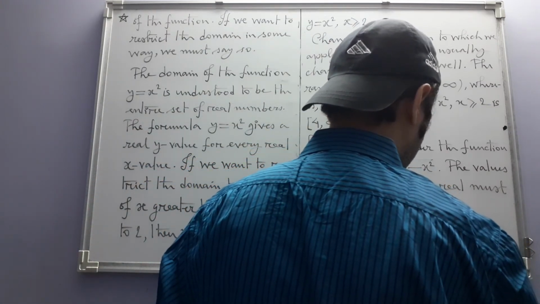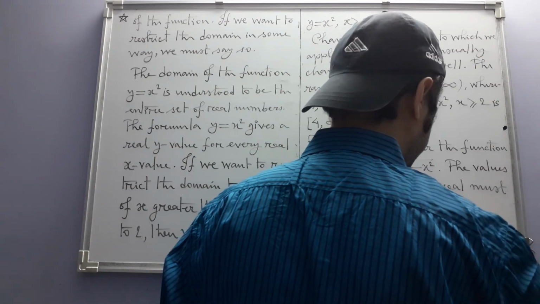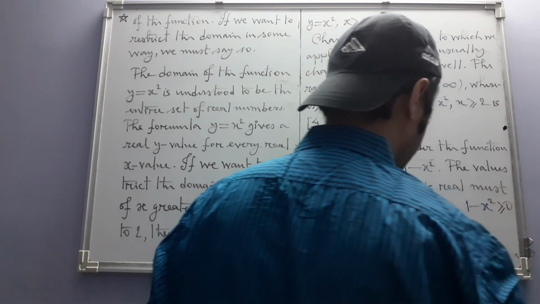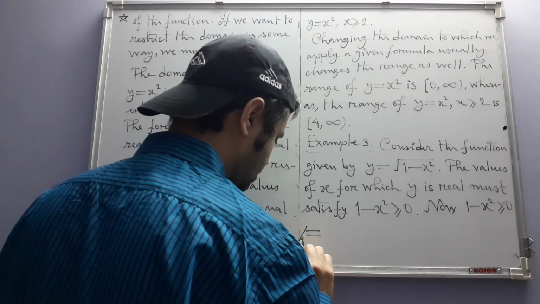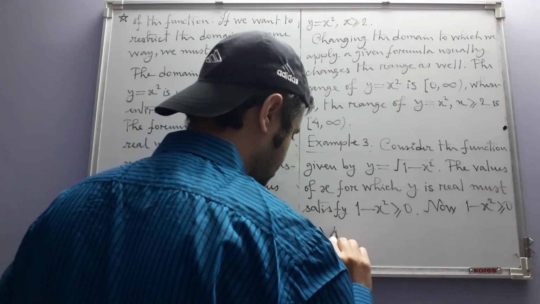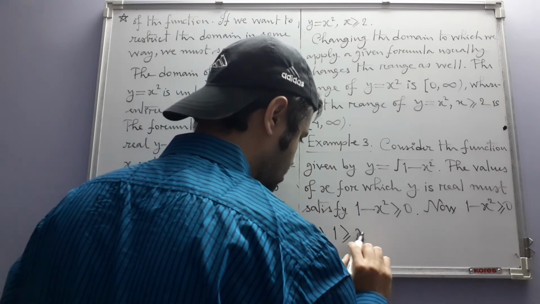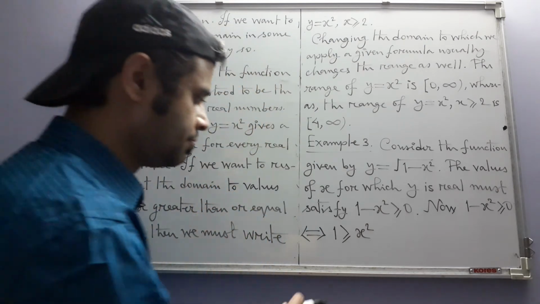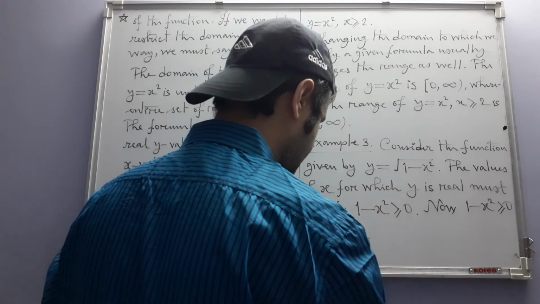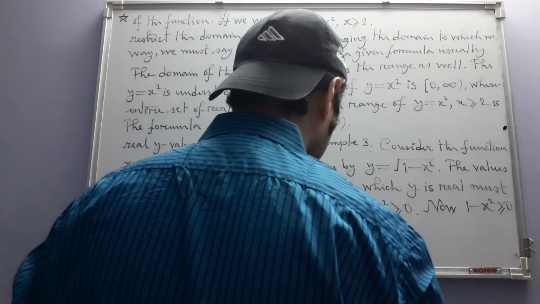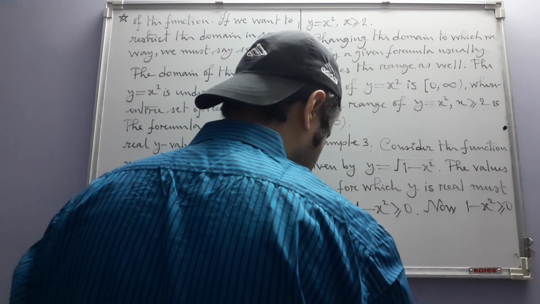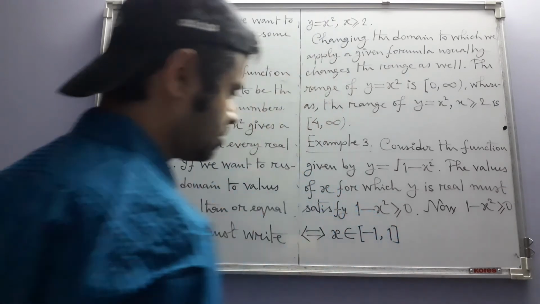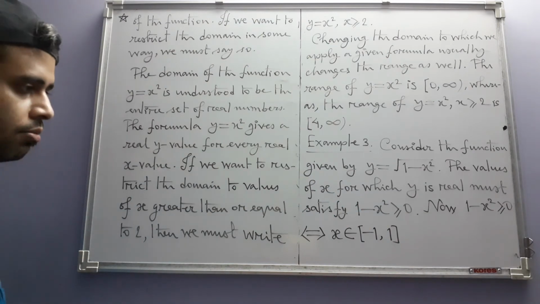Now 1 minus x square is non-negative if and only if, in fact we have already solved this type of inequalities before, so let me just directly write what x will be. x has to belong to this closed interval minus 1 comma 1.